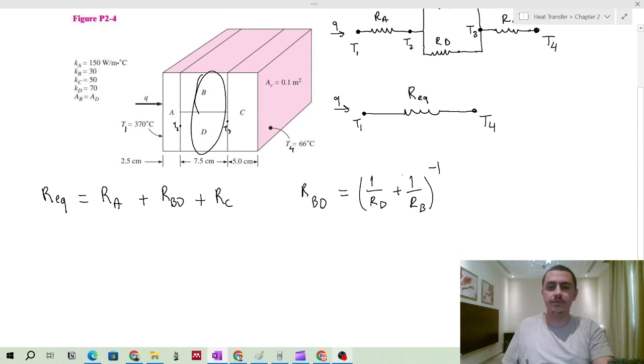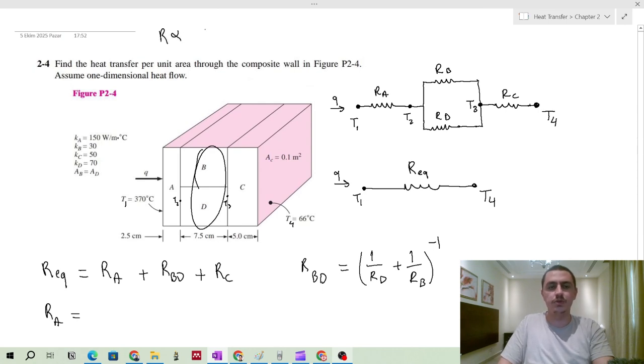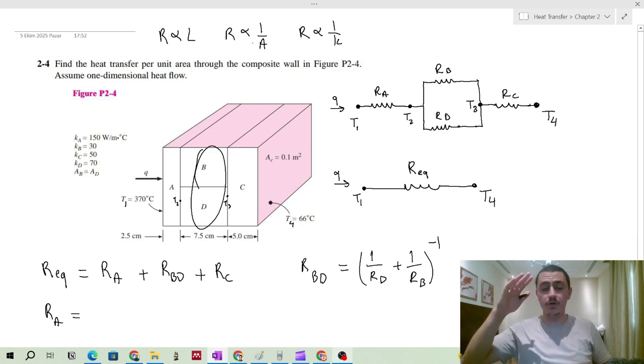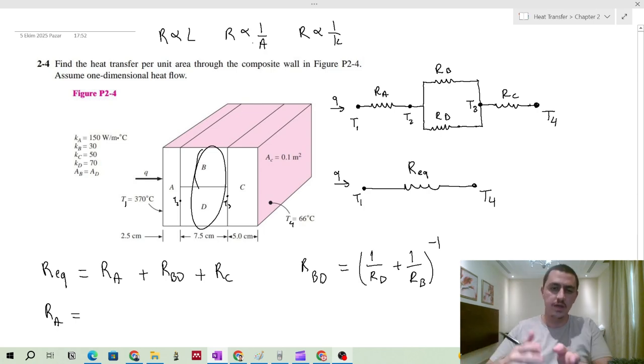Now we are very close to finding R equivalent. Let's put all resistances here. What is the resistance of wall A? If you remember, resistance is proportional to length: if L is bigger, you have more resistance. And it is inversely proportional to area and inversely proportional to K, because when you have more area, it is easier for the heat to pass through your wall.